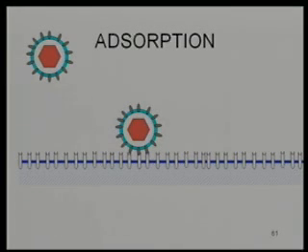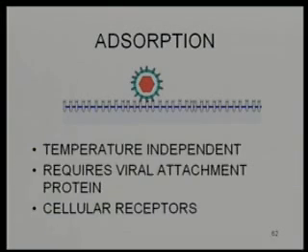As I say, the receptor on the cell surface can be any component of the cell surface. But for each particular virus, it's a particular component. So a particular virus will bind to a particular receptor on the cell surface because that's what its attachment protein recognizes. And this will hold the virus in close contact with the cell surface so that now penetration can take place. We'll go into that in a minute.